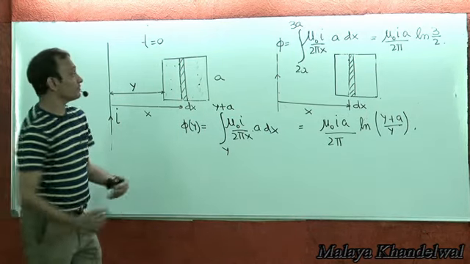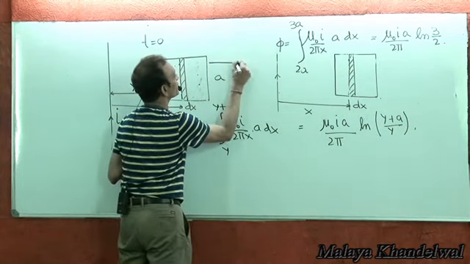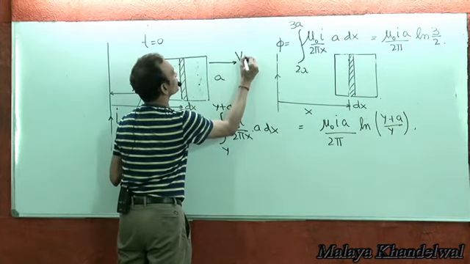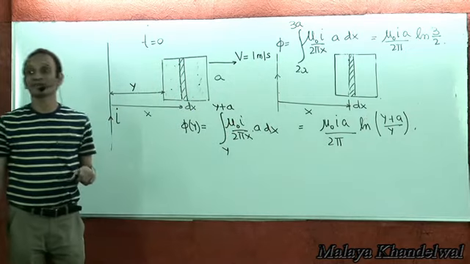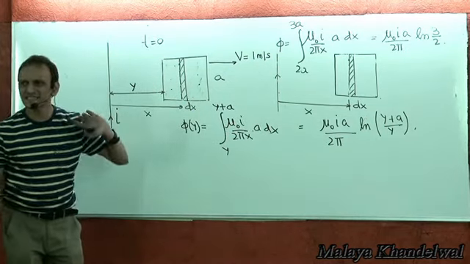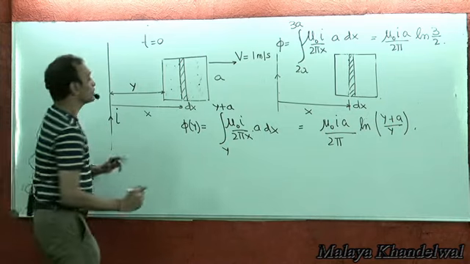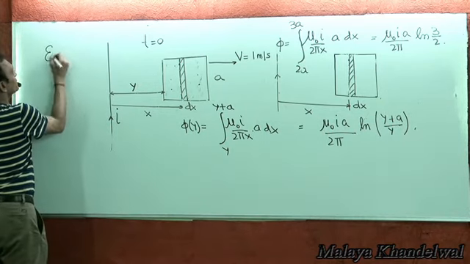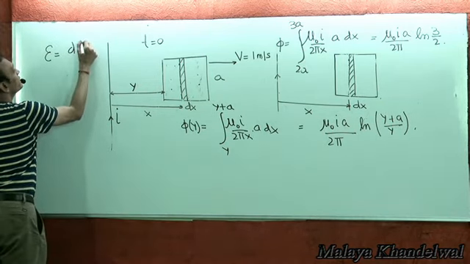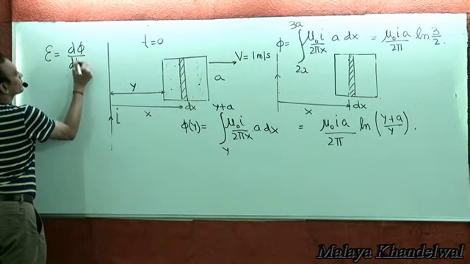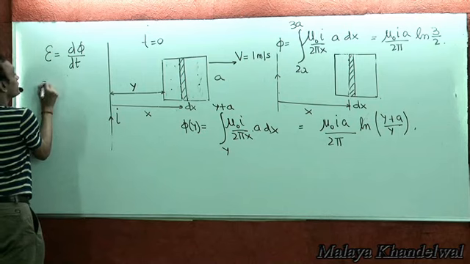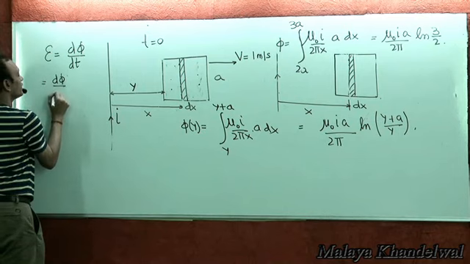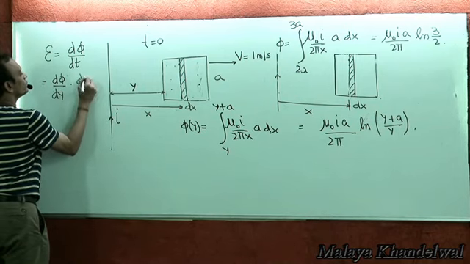Now, if someone gave you the fact that this was being moved with a constant velocity v equal to 1 meter per second, that means dy dt is 1. The EMF generated in the loop is going to be given by d phi dt, that is d phi dy into dy dt.